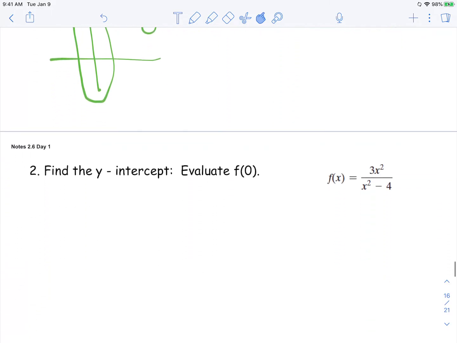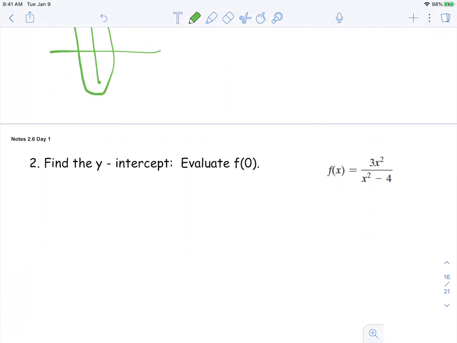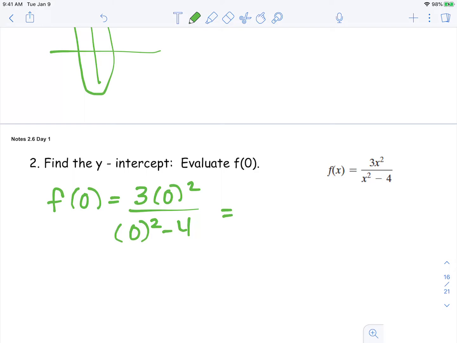All right, step two is to evaluate the function for 0. So we have a y-intercept at 0, 0.